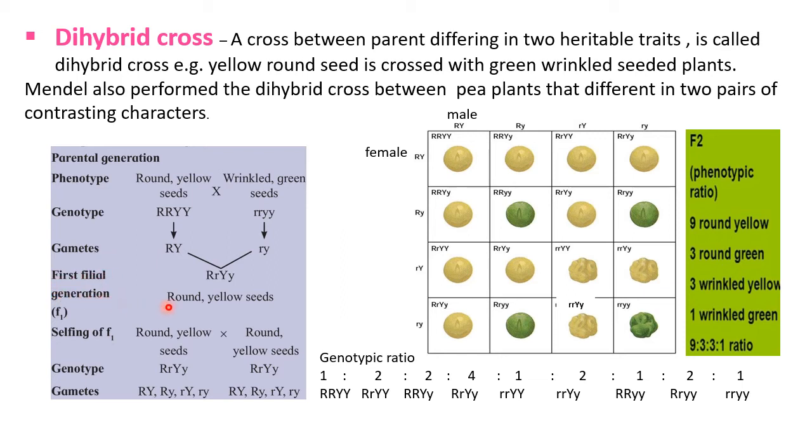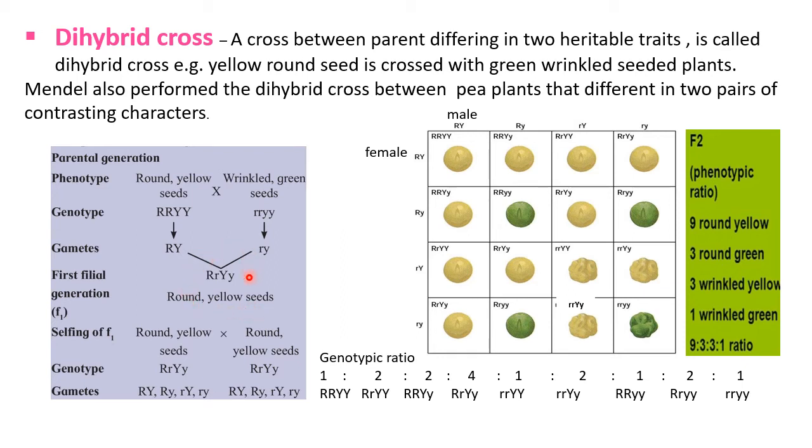So in the F1 generation, all the plants show development of round yellow seeds. Green wrinkled seeds are not seen. So round yellow seed is the dominant character while wrinkled green seed is a recessive trait, as it does not appear in the F1 generation.